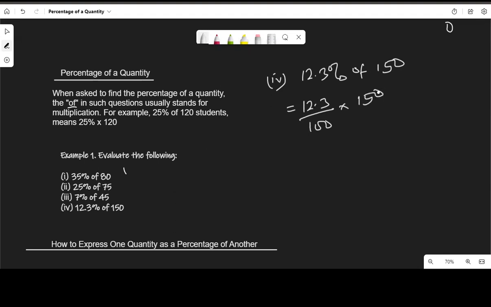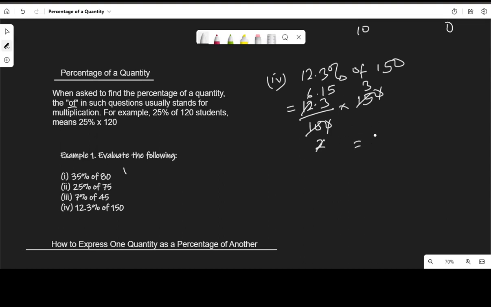Because of this, here we can still reduce this. 5 here 3, 5 here 2, and 2 here 1. 2 in 12 is 6. 2 in 3 is 1, remainder 1. That one that remains, if I place a 0 behind it, that is 10. 10 divided by 2 is 5. So 12.3 divided by 2 is 6.15.